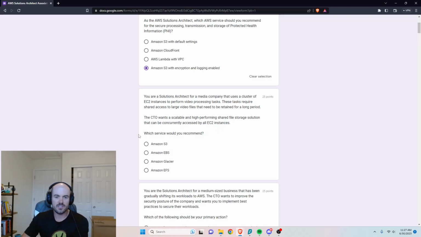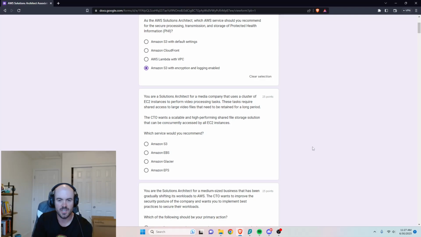So looking at these answers, we've got Amazon S3, which is more object type storage. It's kind of a broad storage service. It's not necessarily meant for shared files in particular, so I don't think it's going to be that. EBS, Elastic Block Store, that's just going to be block storage.